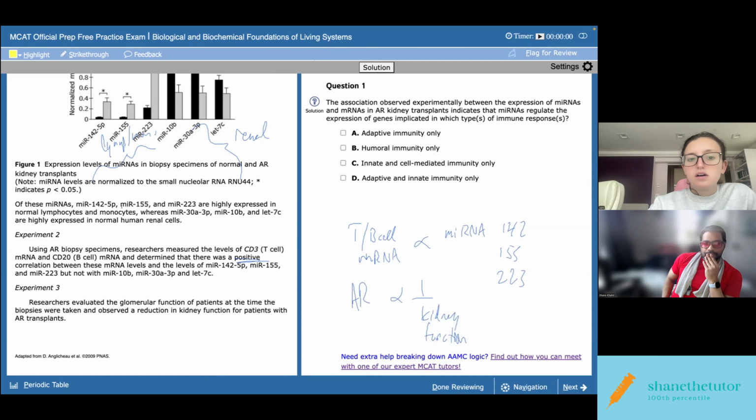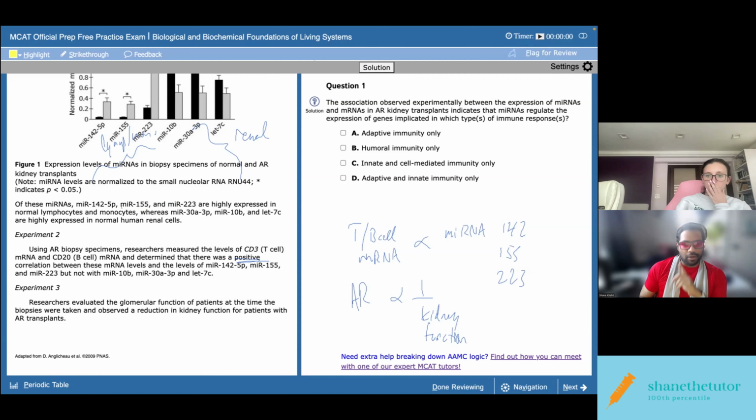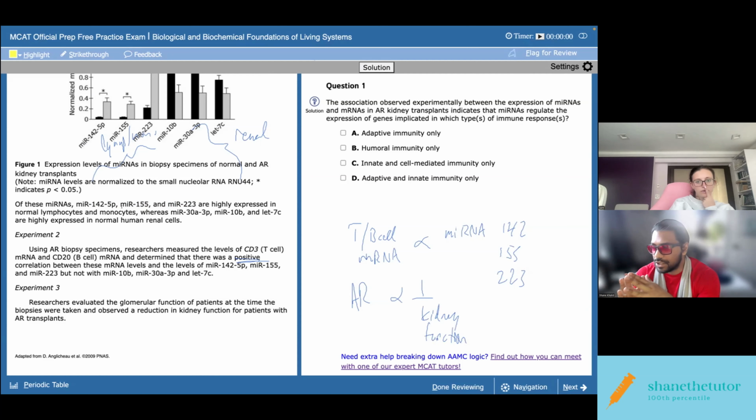So normal lymphocytes and monocytes, those are from the innate. Okay. Yeah. Because the innate system is the one that everyone essentially has. But neutrophil. We always have white blood cells in our body, no?